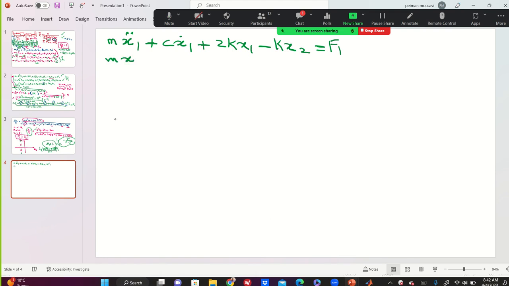M x double dot 2 plus again C x dot 2 plus 2K x2 minus K x3 is 0. We went for the Laplace domain.